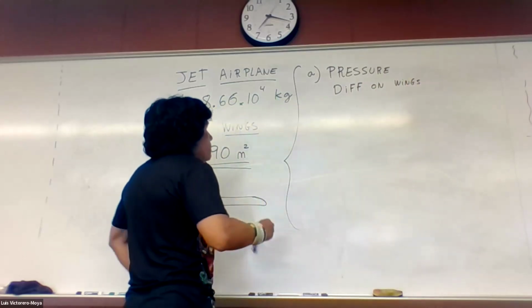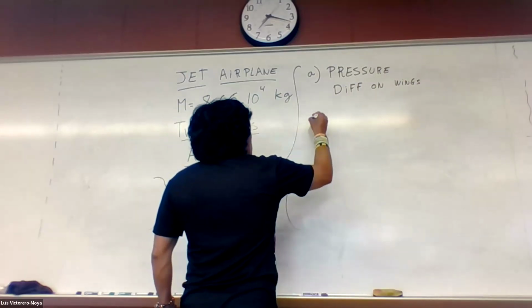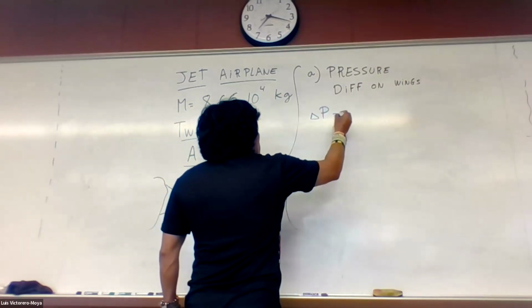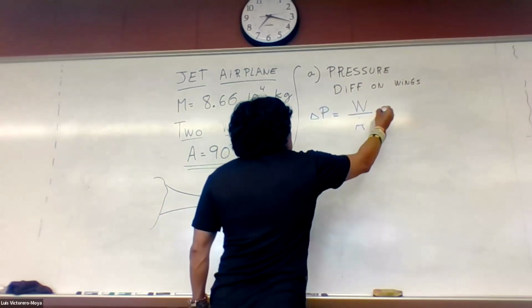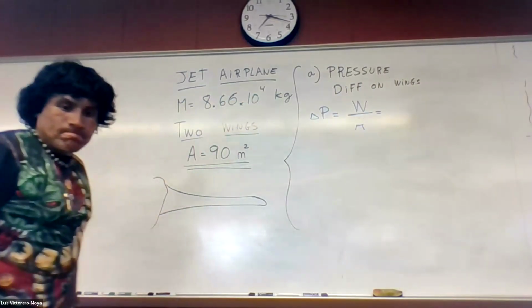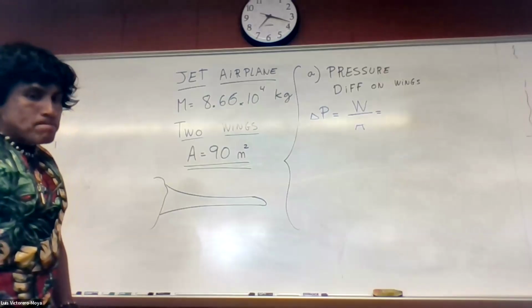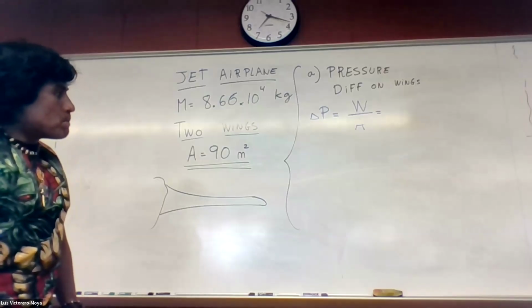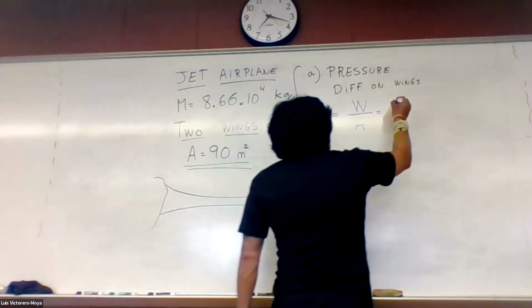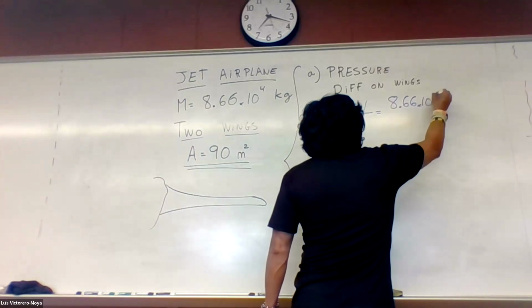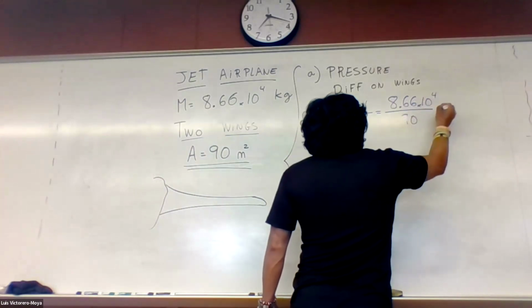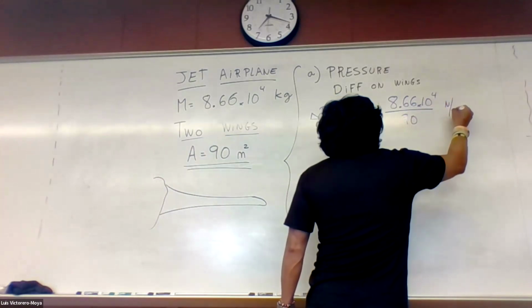Your delta P is the weight divided by the area. It's just that. So it's 8.66 times 10 to the 4 divided by 90 newtons per meter squared.